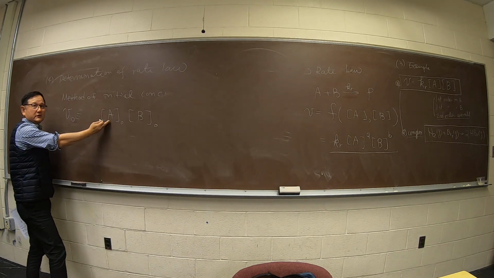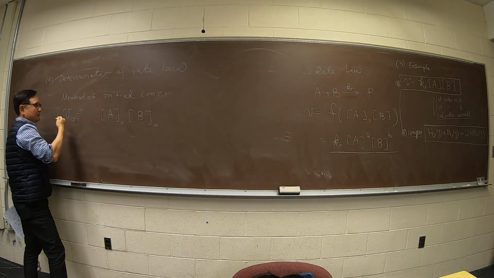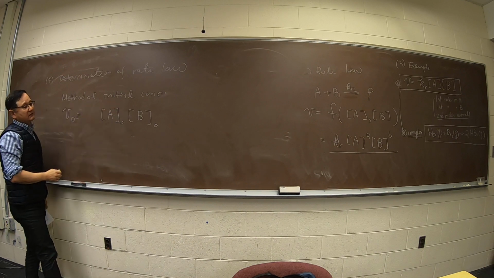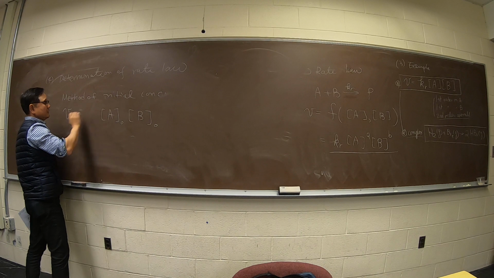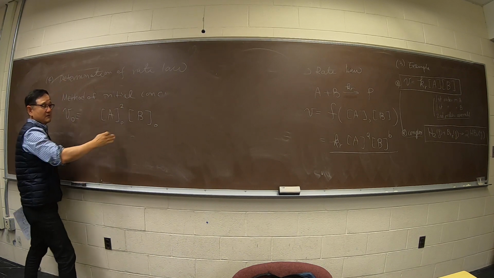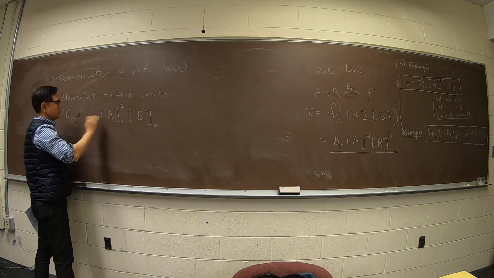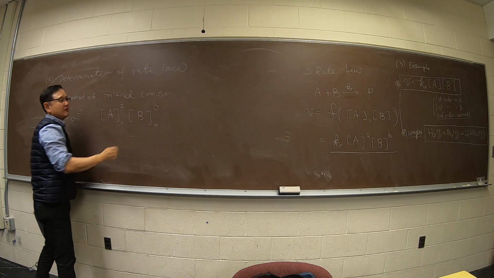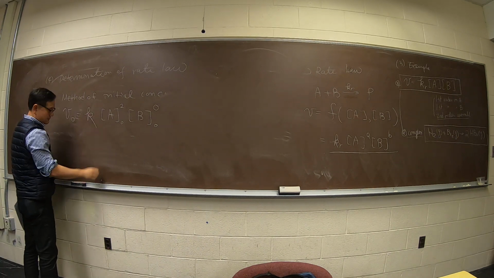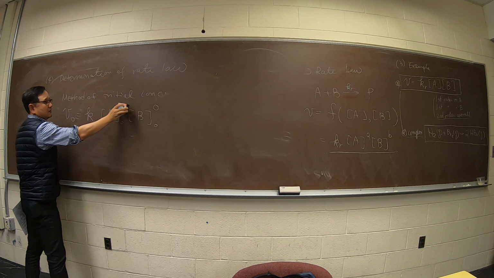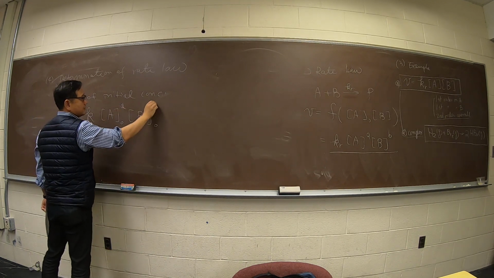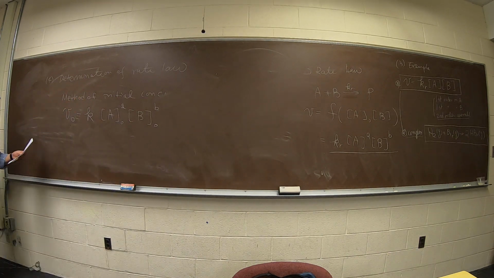You can double the concentration of A, and if the initial reaction rate doubles, that's linear. If you double this and the rate quadruples, that means it's to the square, so you can figure that out. And if you double B and nothing happens, that means it's not depending on B. So you can figure out the rate law, the power of A and the power of B.